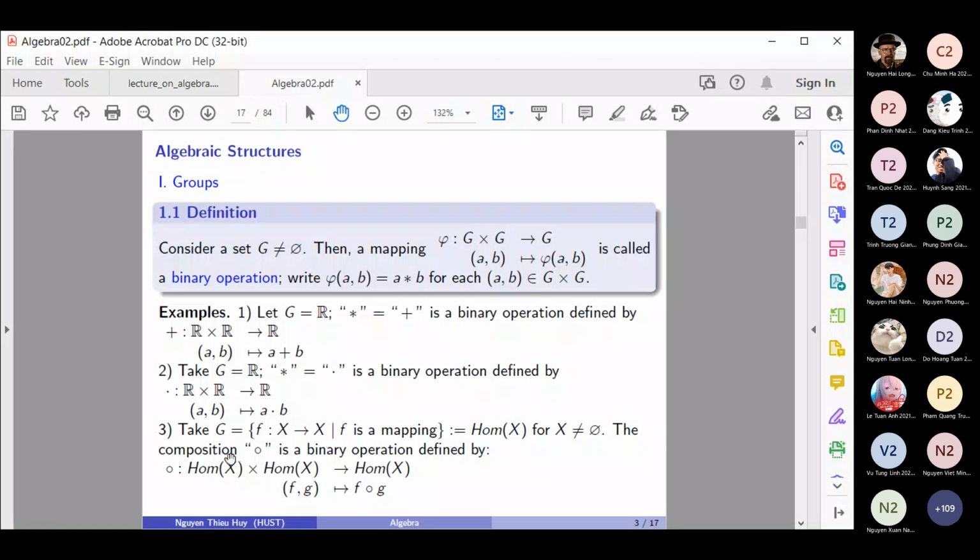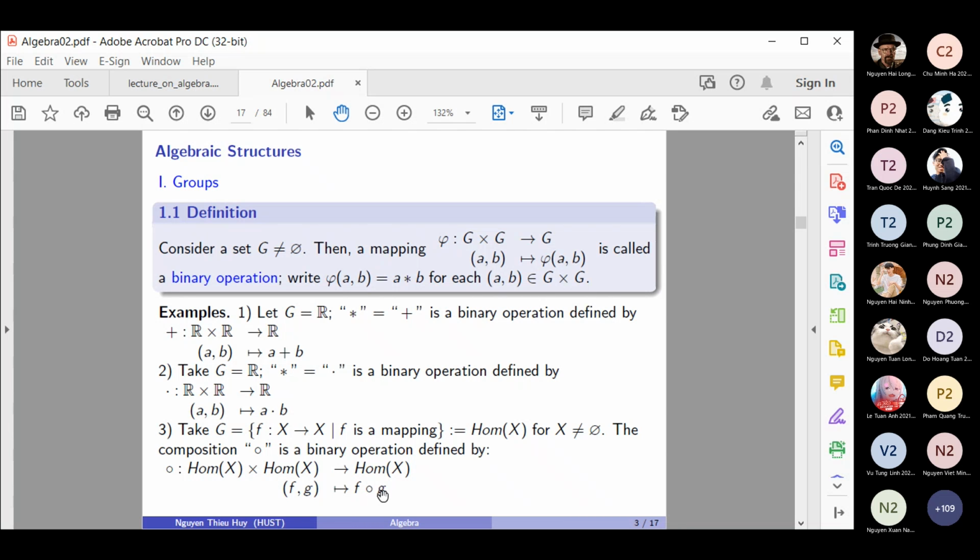Then you can define the composition as we did before. This composition is simply a mapping going from the Cartesian product Hom(X) times Hom(X) with values in Hom(X). So I just take the composition of f and g. So (f, g) maps to f composed with g.